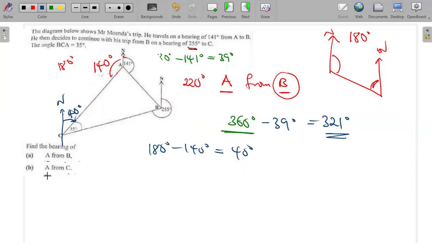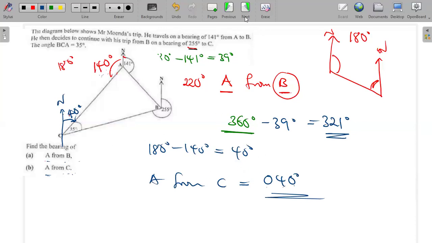That is the bearing of A from C. In terms of bearing, you write that A from C is equal to 040 degrees. You always write three numbers like that. So that is how we find the bearing of the two.